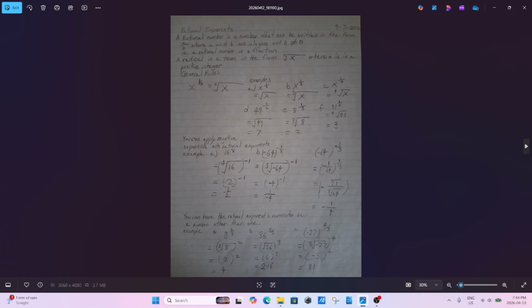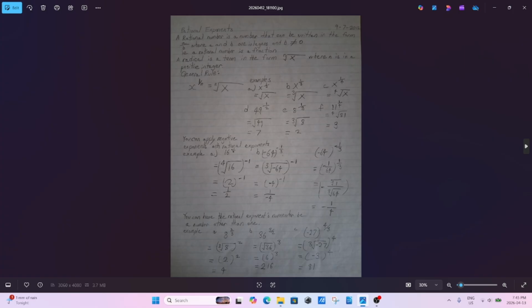You can apply negative exponents with rational exponents. For example, A, 16 to the negative 1/4 is equal to the fourth root of 16 to the exponent negative 1. So do the inside first, you get 2 to the negative 1, which is equal to 1/2.